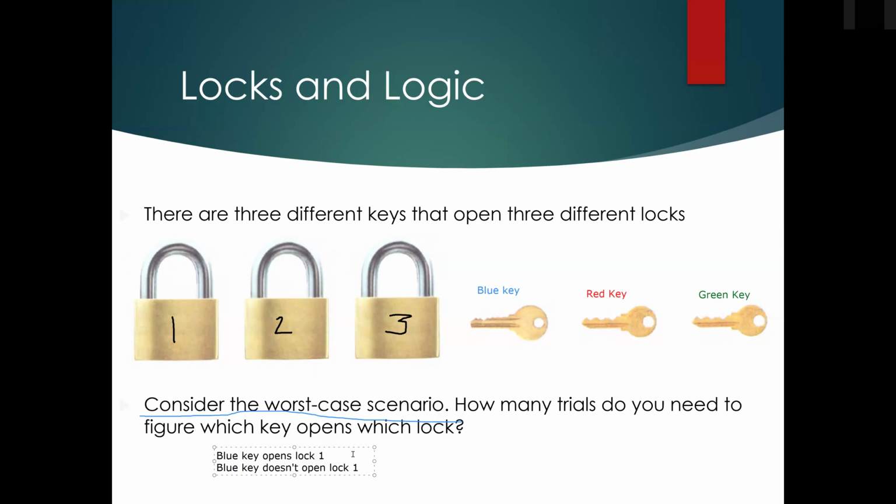What are the ramifications if the blue key opens lock 1? Then we know that the red key and the green key can open lock 2 and 3. Let me extend this.